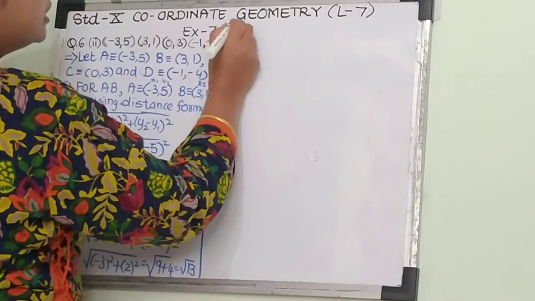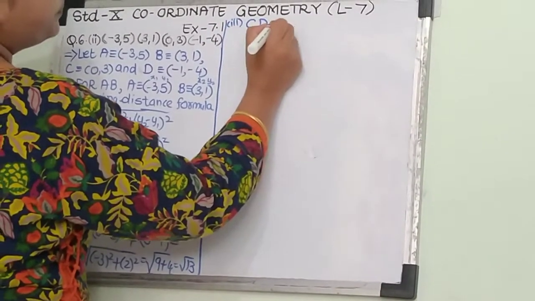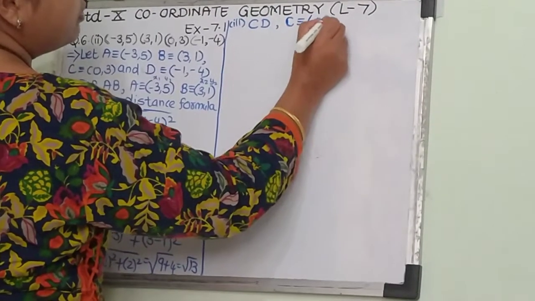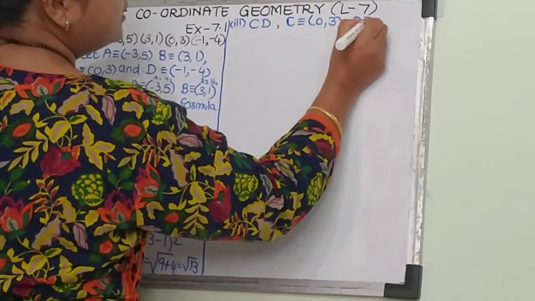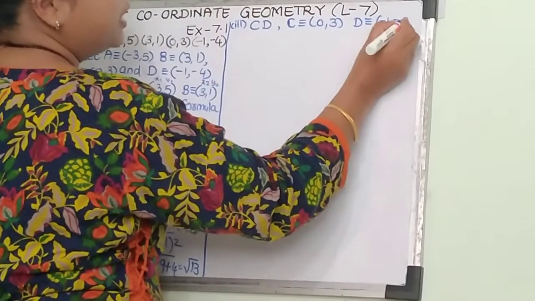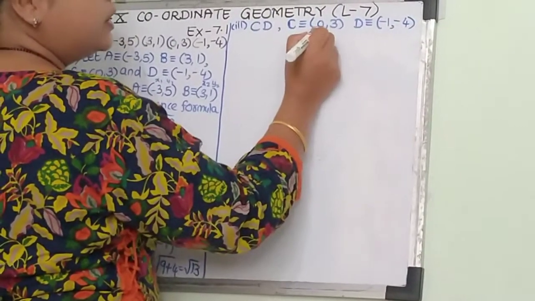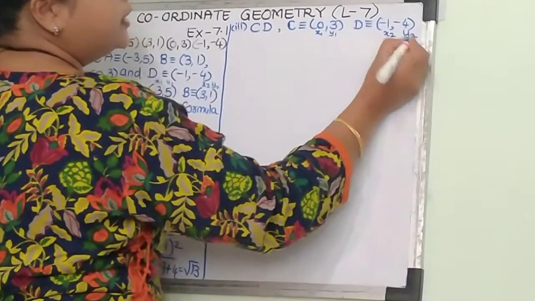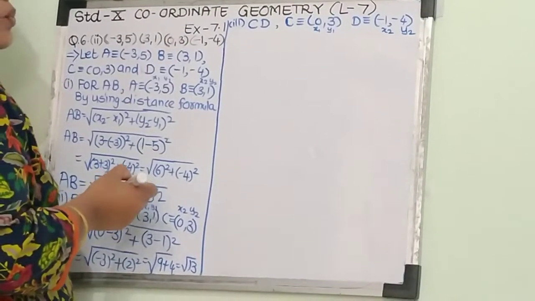Third one is CD. For CD, C's coordinates we know are 0, 3 and D's coordinates are given as minus 1, minus 4. So C's coordinates are x1, y1 and D's coordinates are x2, y2.